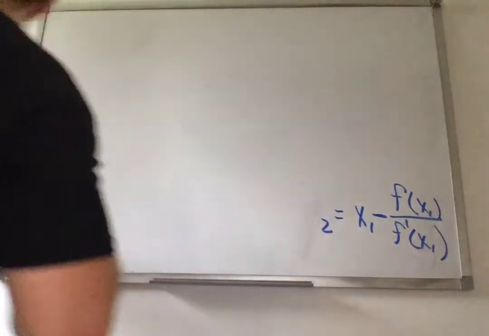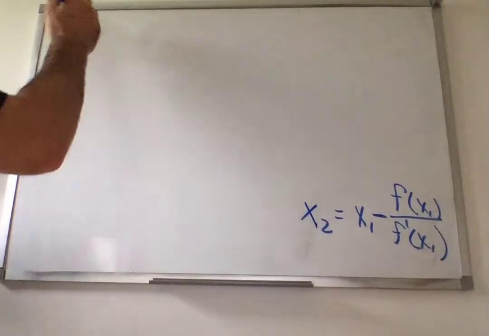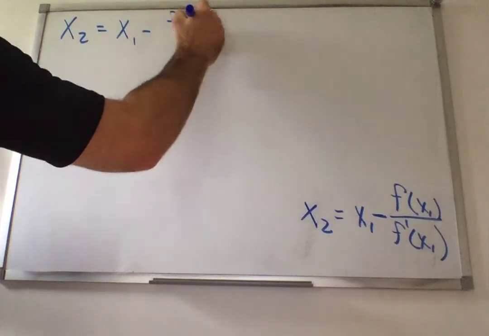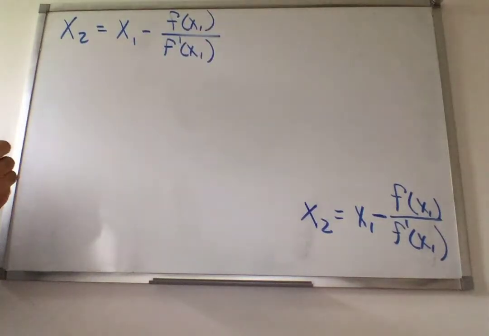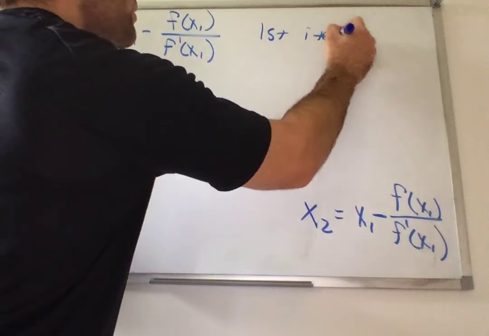Oops. Didn't mean to erase that x2. So let's write it up here. x2 is equal to x1 minus f of x1 divided by f prime of x1. So this is the first iteration.